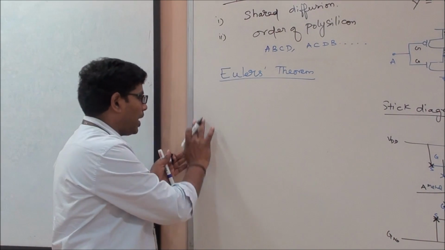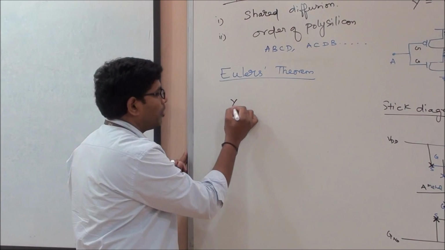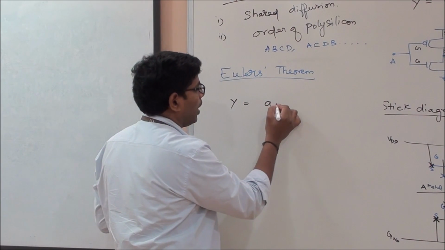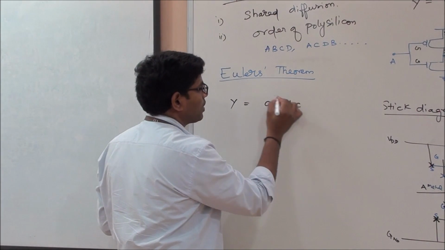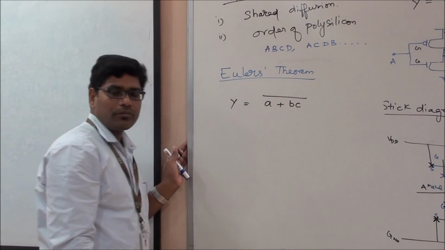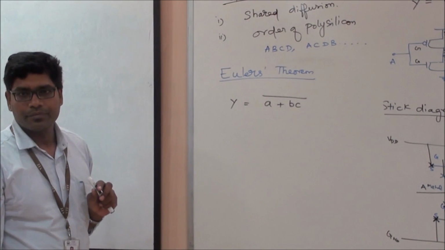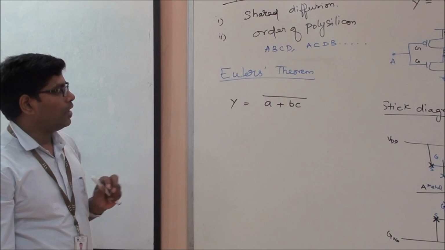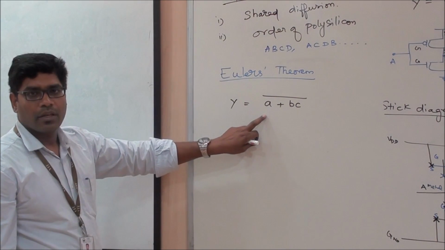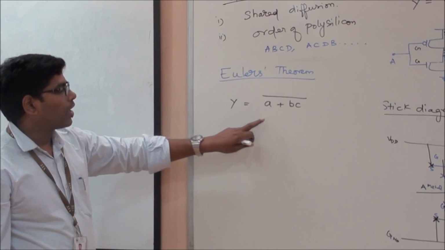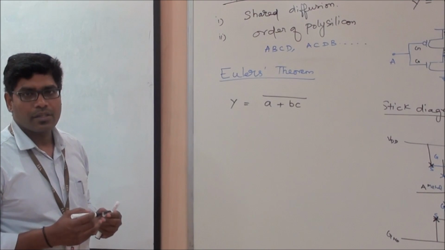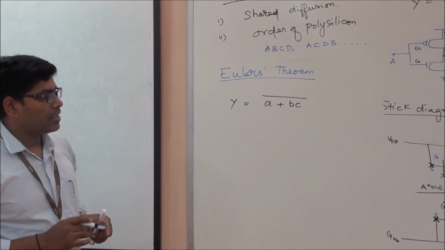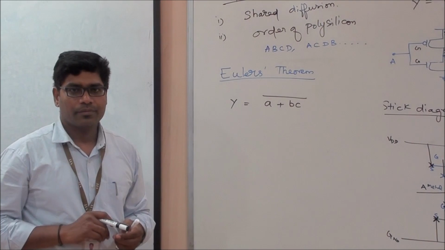Now I am taking a simple example. Let me have a function (a + bc) complement. This is my function. I would like to implement this function as a stick diagram, and I need to make sure that the stick diagram is an optimized one.